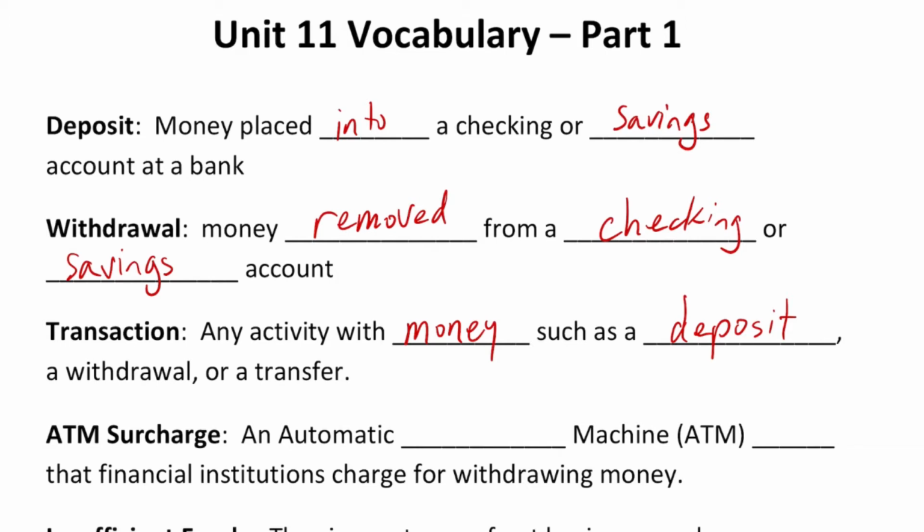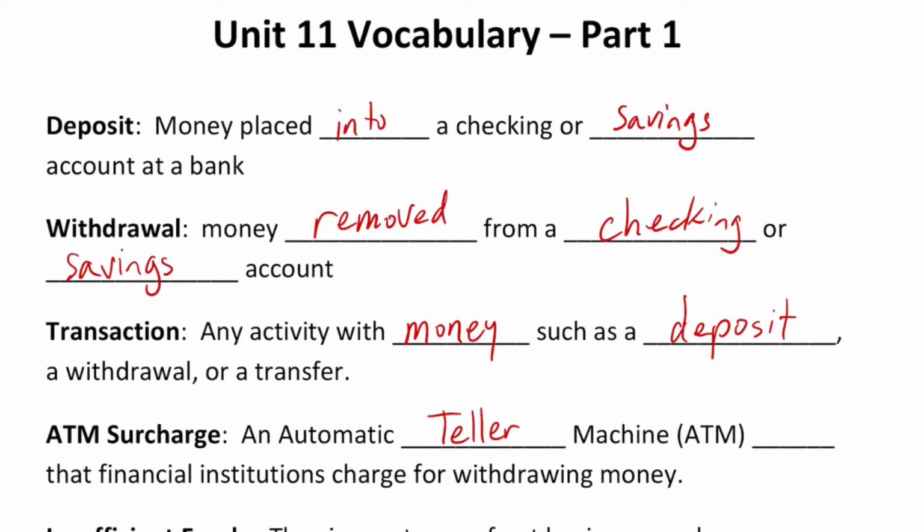An ATM surcharge. Well, first I need to know what an ATM is. ATM stands for automatic teller machine. Now, you don't really need to know that, but you need to know what an ATM surcharge is. Say for me, I have Chase Bank. If I were to go to a different bank, say BBVA, and try to use their ATM, I can.